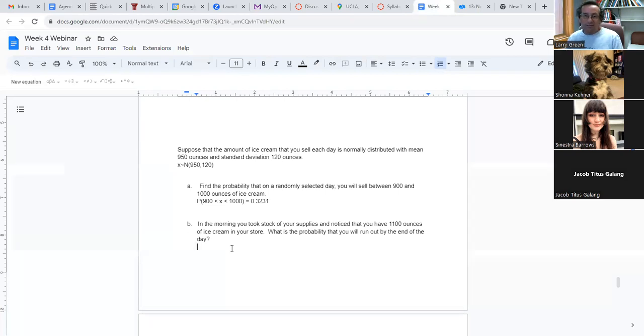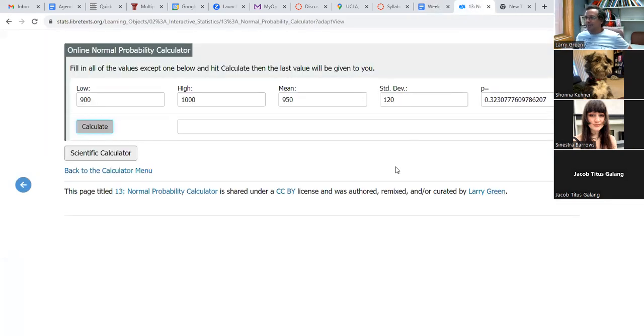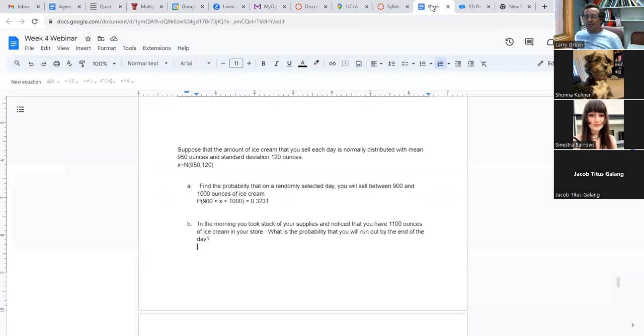So in this case, we have 1,100 ounces. What's the low now to run out? Not zero. If 0 people come to want ice cream, you're not going to run out of ice cream. Does that make sense? What's the smallest amount of ice cream customers could want such that you end up running out and have none left?